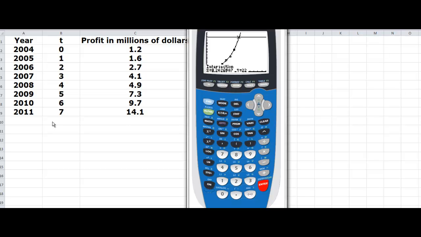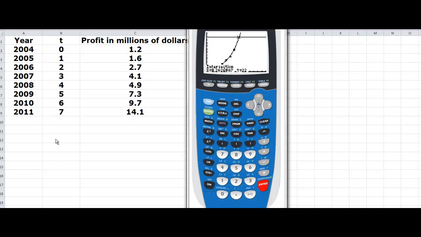We have to round up, so we can take 9 and add it to 2004, and say that in 2013 the profit will exceed 22 million, and of course it will be 22 million a little after 2012.